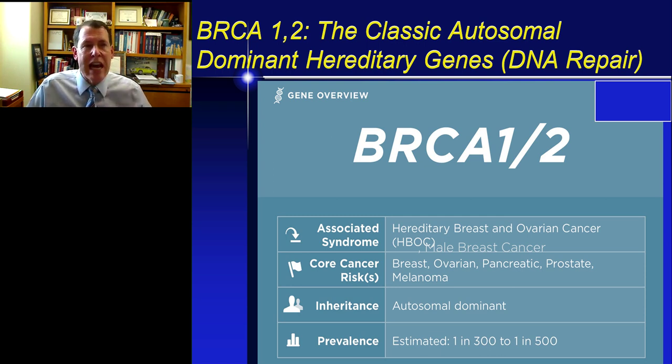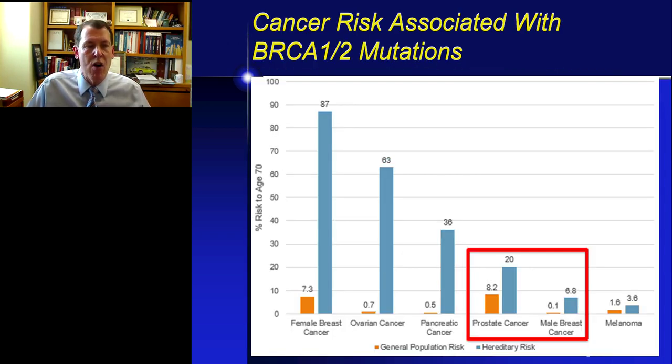And this just shows cancer risk associated with BRCA1 and BRCA2 mutations. So you see right here on the far left-hand side of the slide, female breast cancer. General population 7.3, but if a female inherits a BRCA1 or 2 mutation, her risk of breast cancer is close to 90%. It's very high. Now, I boxed here prostate cancer and male breast cancer, the diseases that I might see as a urologist, particularly prostate cancer.